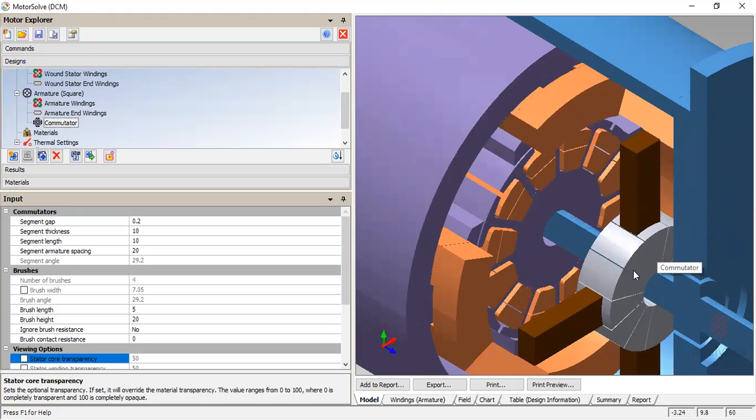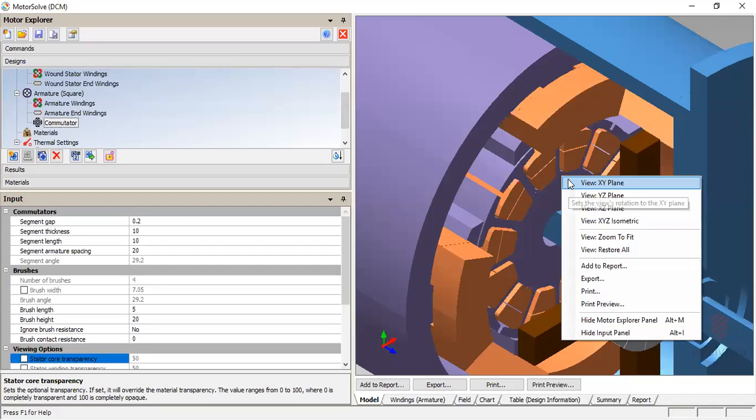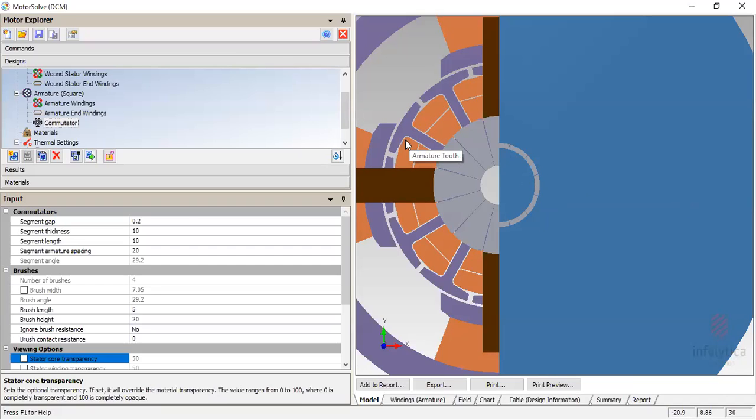How many commutator segments do we have to use? That is our next question. We can see a slot here. A slot is the space where we place the windings, the coils.